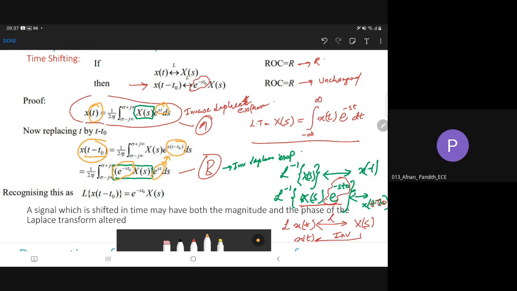Once we compared equation A and B, we said that B also looks like an inverse Laplace expression. Expression A gives the inverse Laplace of x of s, and this one gives e to the power minus s t naught x of s.